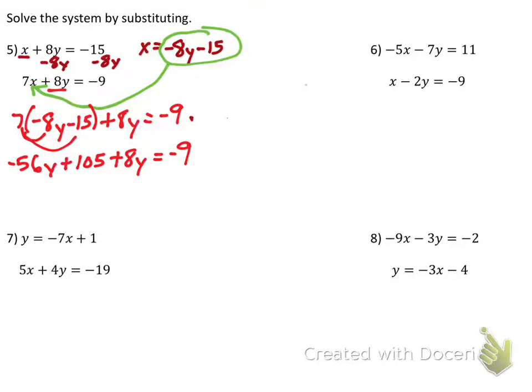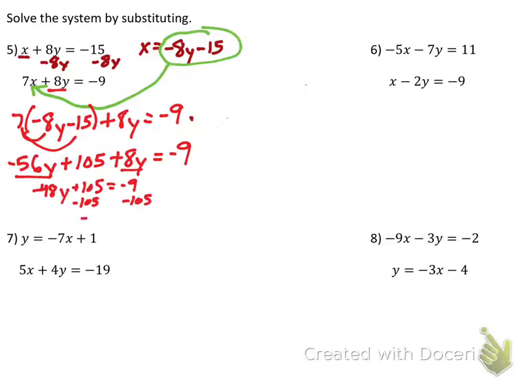Then from there, I want to combine like terms, so I'm going to combine these. And negative 56y plus 8y would be negative 48y plus 105 equal to negative 9. I'm going to minus the 105 on each side.